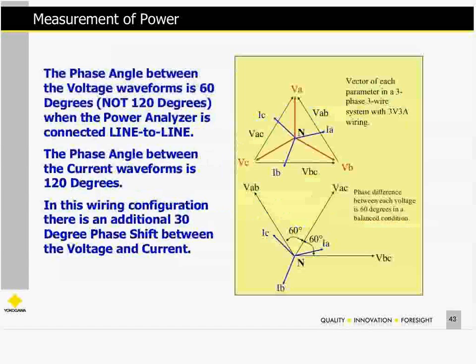What's happening, we think if we look at the red vectors, that's our line to neutral measurement, and those are 120 degrees apart, as generated by our power utilities. And I've drawn in some arbitrary current vectors at some phase shift. But now the meter is not connected line to neutral. The meter is actually connected line to line.